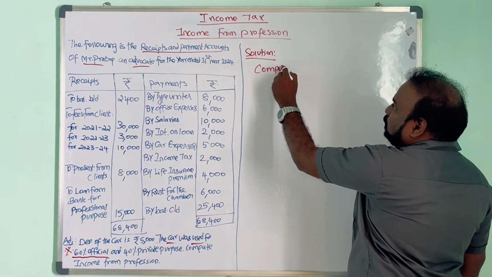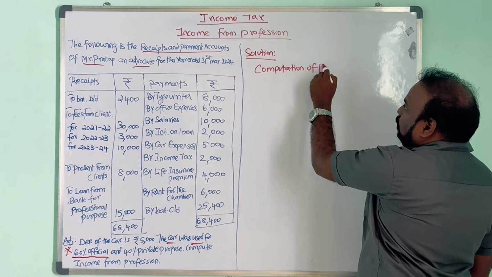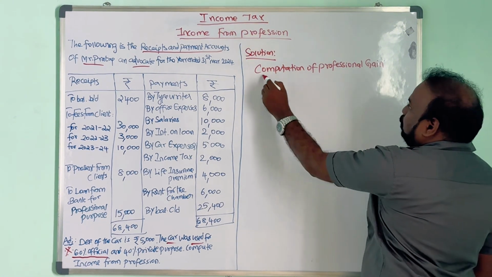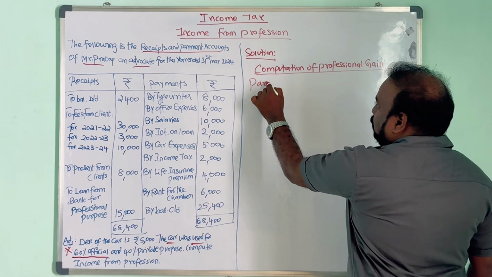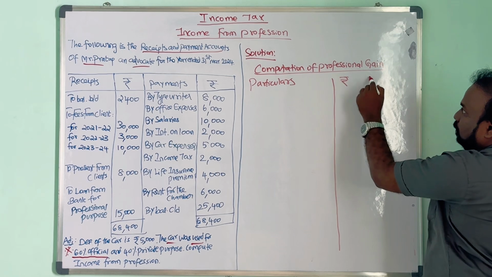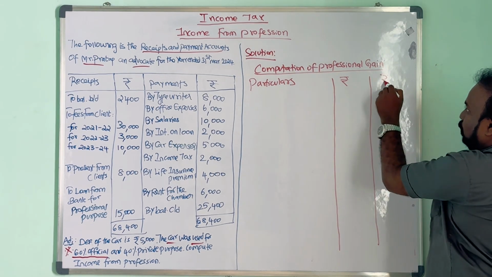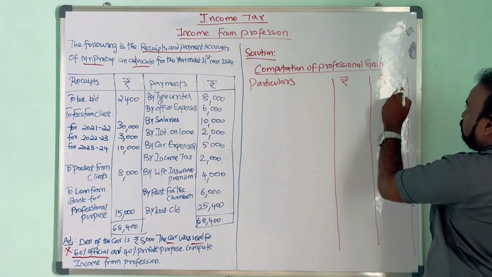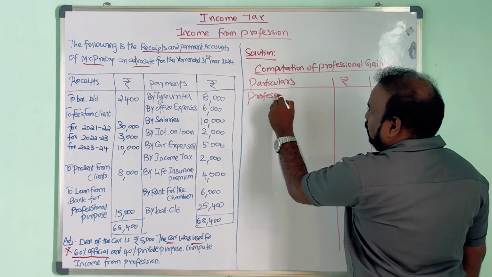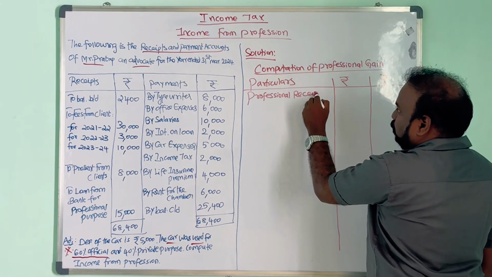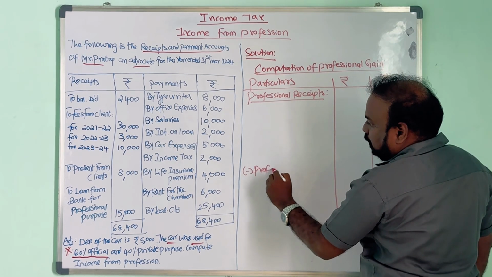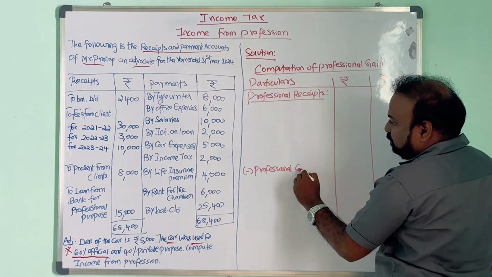Computation of professional gain. Draw 3 columns: particulars, amount. The format is professional receipt minus professional payment or expenses.